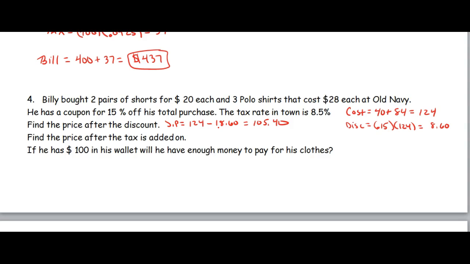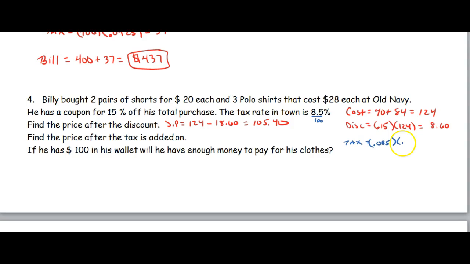So now, what is the tax on this going to be? Well, when we go to figure out the sales tax, it's 8.5%. So change that to a decimal, 0.085, and divide that by 100 if it's easier. And multiply that by the discounted price. We're not going to pay tax on the original cost.